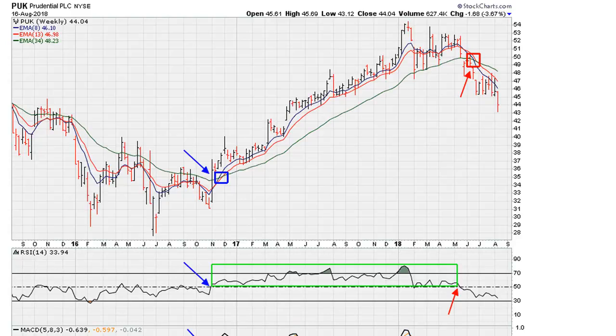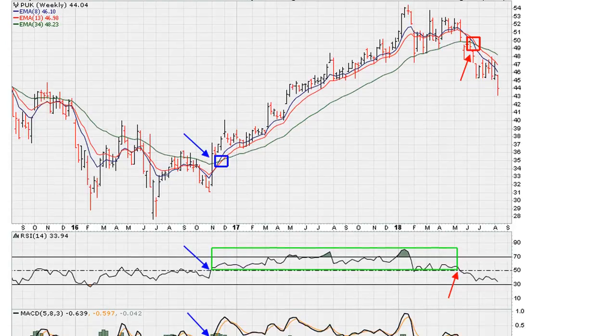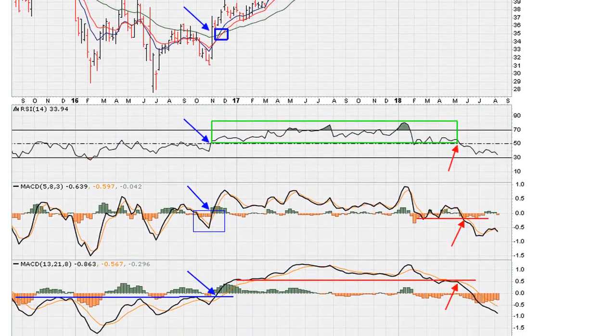Okay, now if we take a look at the MACD, we can see that activity below zero, back above it in this MACD action, which gave us this entry, which also coincided with this MACD moving above a recent failure point or a series of recent failure points, which is here.